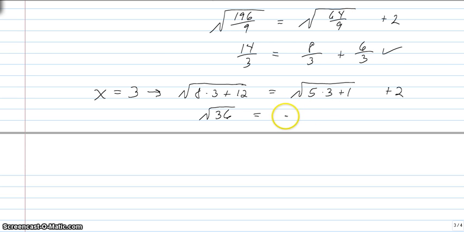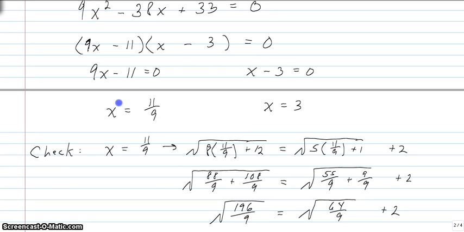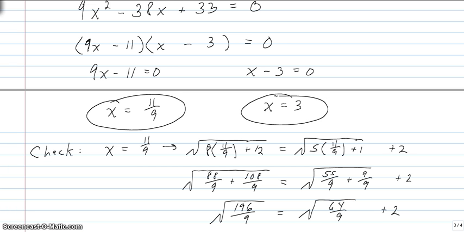This gives us 15 plus 1, which is square root of 16. And it looks like that checks because 6 is equal to 4 plus 2. So in this case, both answers check, and we get two answers to the equation.